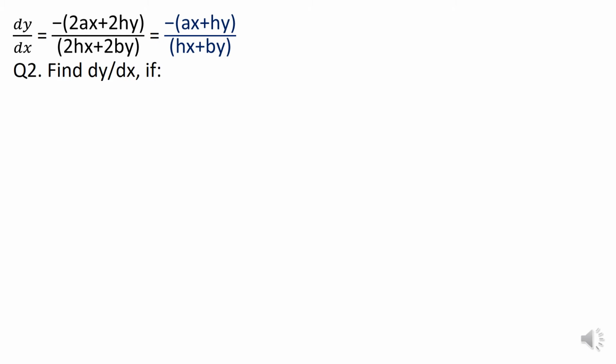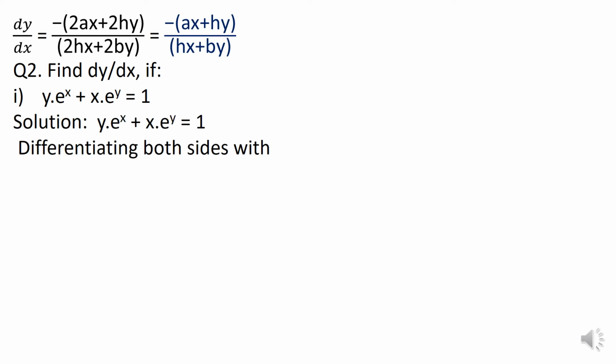Now the second category of questions. The first one in that: y into e raised to x plus x into e raised to y is equal to 1. Here, we differentiate both the sides with respect to x. We realize that for both the terms we have to use the product rule.